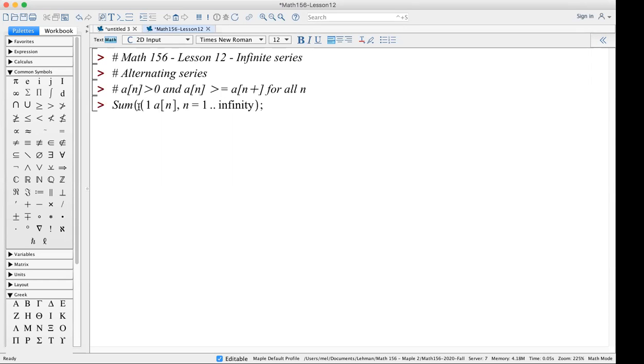So this is minus 1 raised to the power n minus 1.